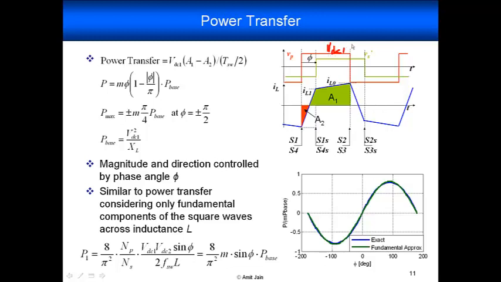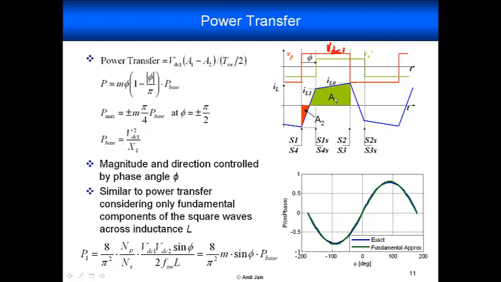Because VDC1 is constant, what we essentially need to do is compute the area under the inductor current waveform. So essentially the power transfer would be given by the positive area under the inductor current, which is A1, minus the negative area under the inductor current.